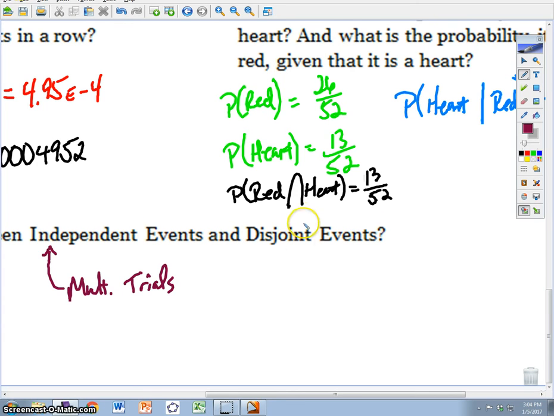Whereas disjoint events is when there's going to be one probability experiment and there's just no overlap of the Venn diagram. No overlap. I like that. No overlap. So that means 2 events that cannot occur at the same time. That was kind of like the M&Ms. You can't be red and green.